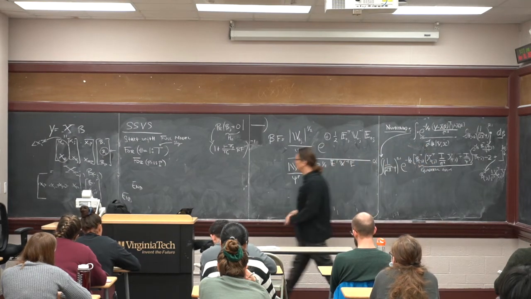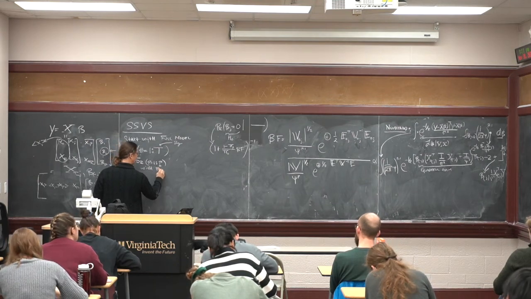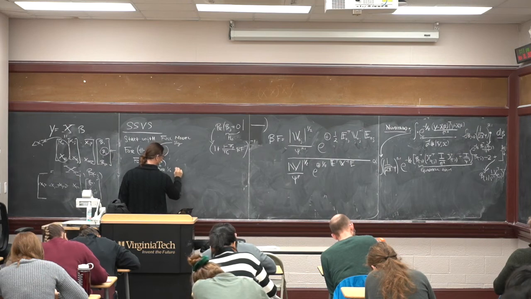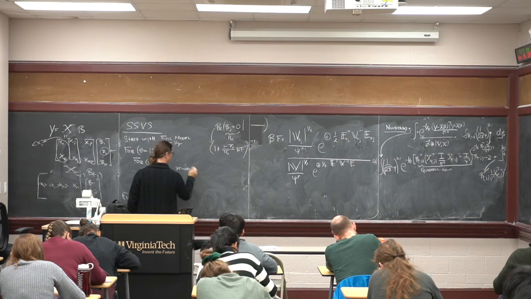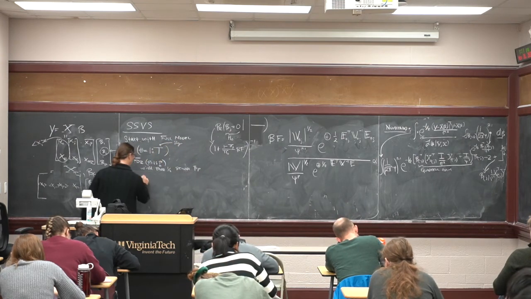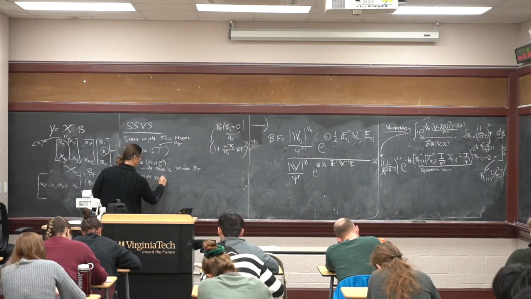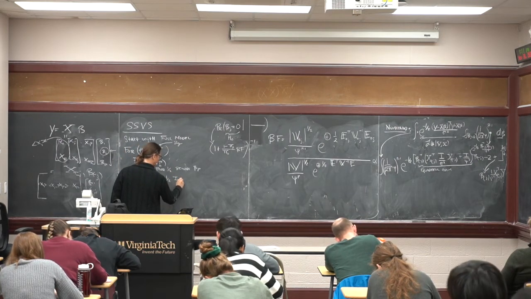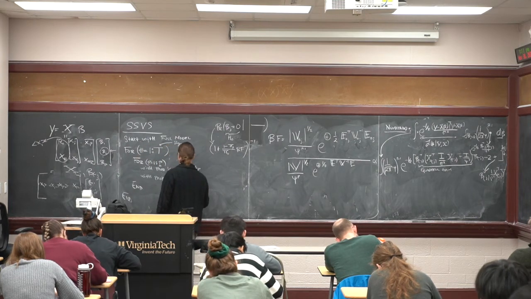So with probability 1/2, we're going to remove beta p. And with probability 1/2, I might include beta p.